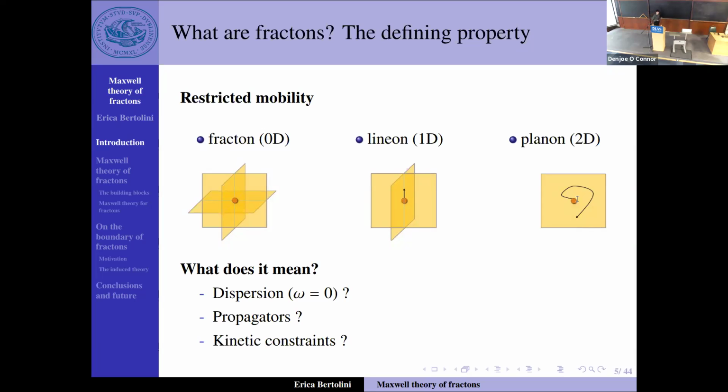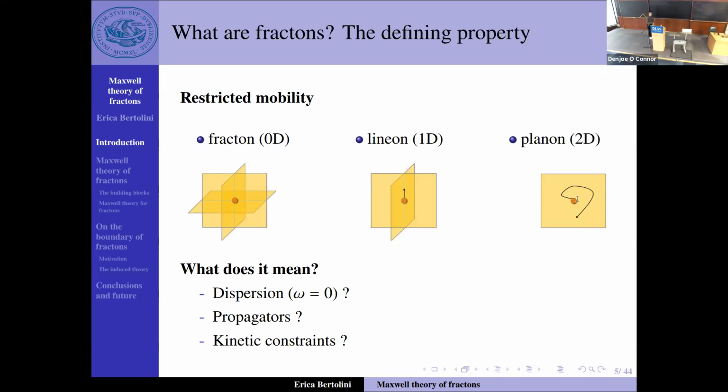But physically speaking, I have to build models for fractons. So what does it mean exactly, restricted mobility? Because talking to many people, there are different points of view of what a fracton could be. In a sense, it could be a particle with zero dispersion relation, so with omega being equal to 0.